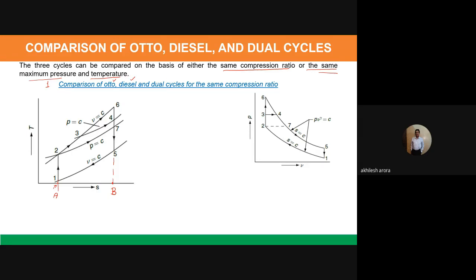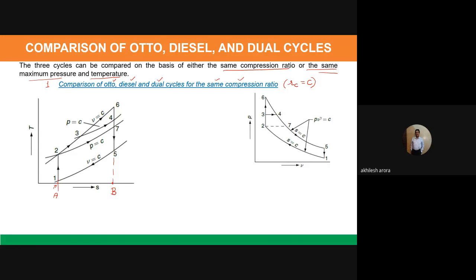So basically, in these three cases, we have considered that the compression ratio is constant. When we compare Otto, diesel, and dual cycles for the same compression ratio, or maybe for some other parameters which we keep constant, my purpose is to compare four things.